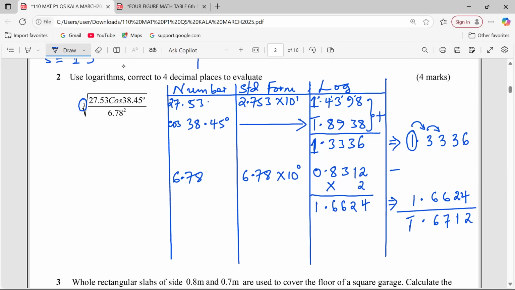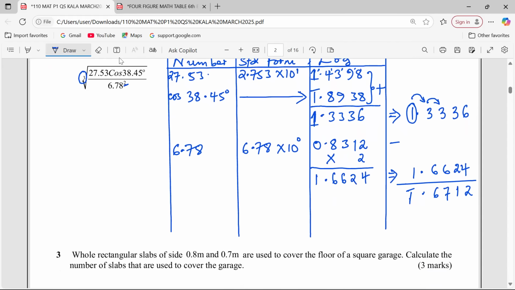If it was overall square root, we would have divided by 2. If it was overall fourth root, we would have divided by 4. So that's how we handle the roots. About the power, whereby this is squared, and it is only that part which has been squared, the logarithm for this one particular number, we multiplied it by the power. So we multiply by powers, but divide by the roots. I hope that one will help somebody.